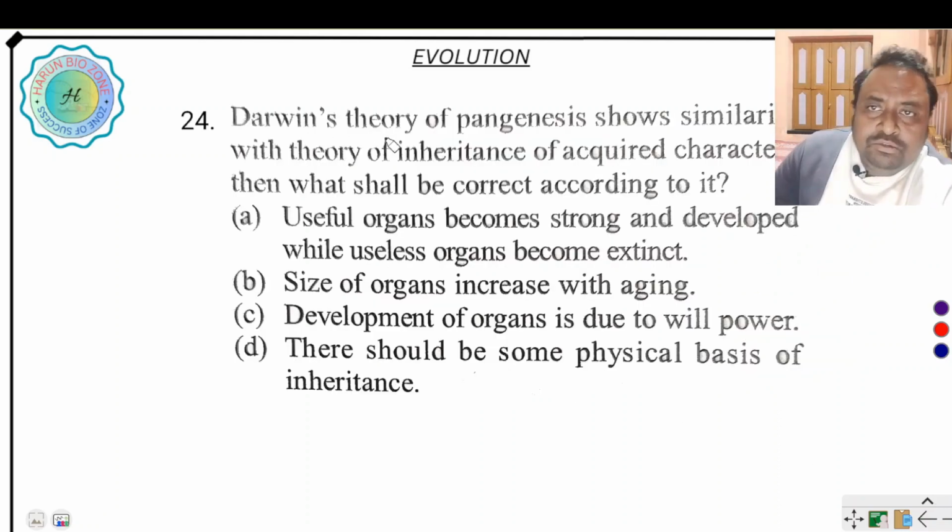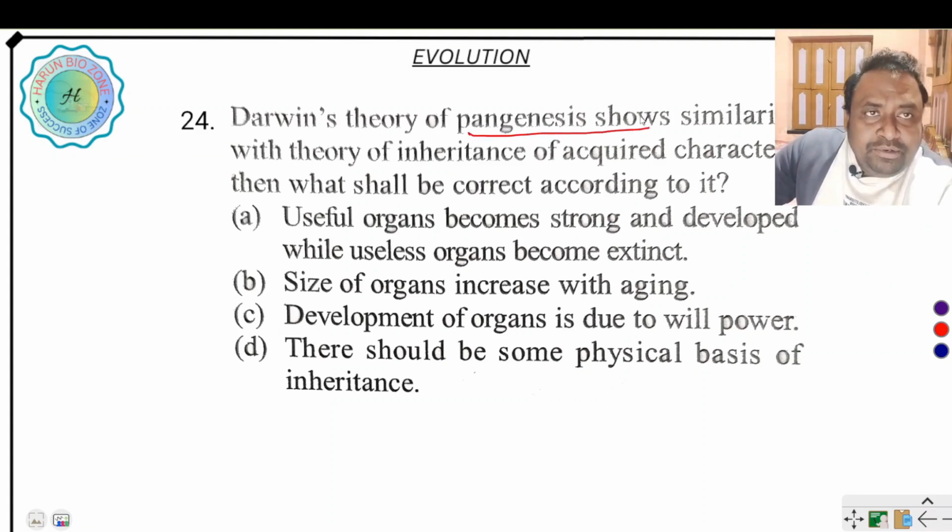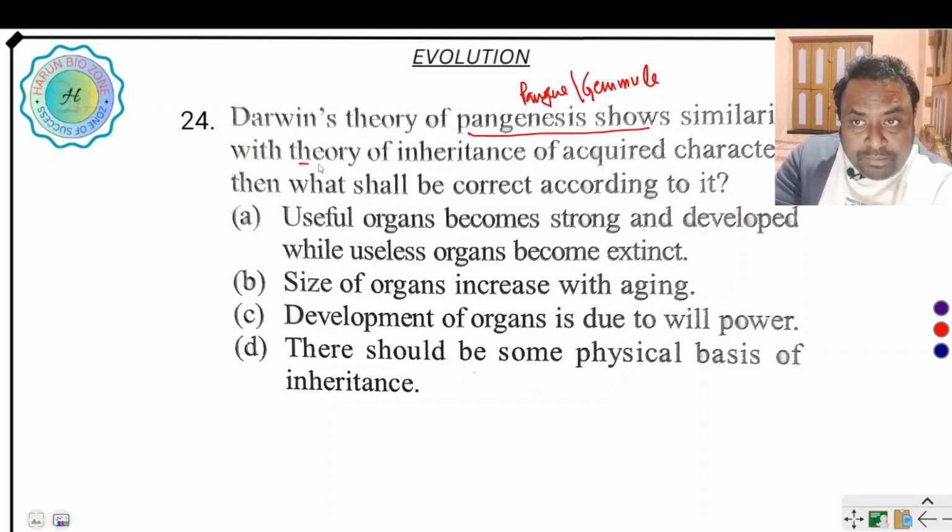Next question is Darwin's theory of pangenesis. According to Darwin, every cell of the organism contains particles called pangenes or gemmules. They contain all the organism's characters, and these characters are transmitted to the next generation. Which point is similar to Lamarck's theory of inheritance of acquired characters?